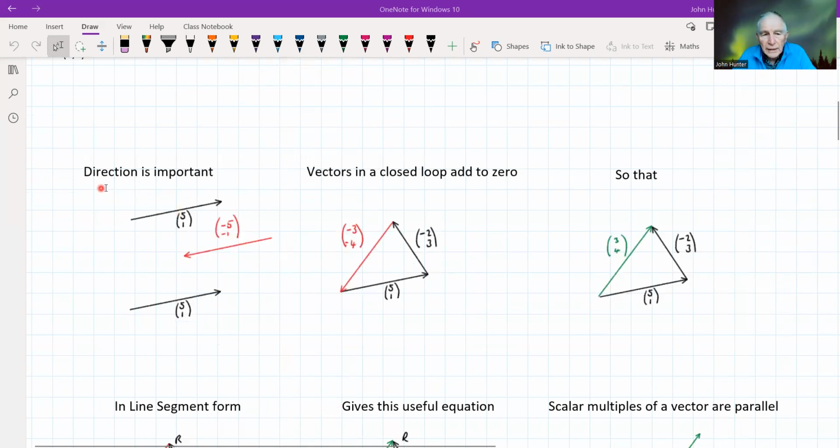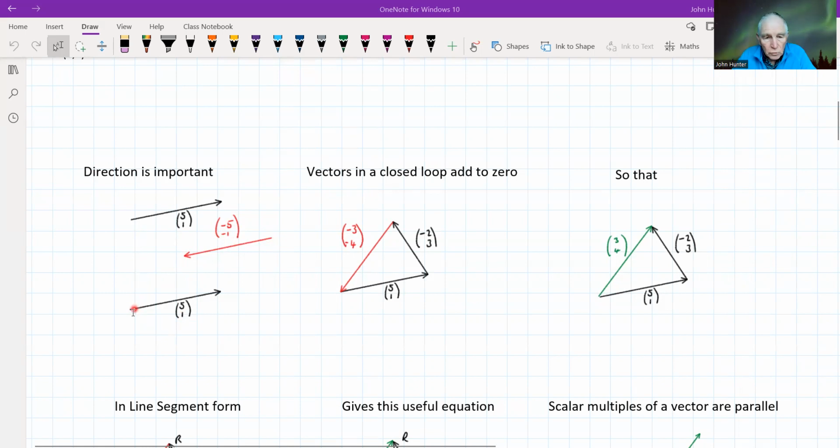So first of all, direction is important with a vector. If I've got my line in my geometric shape and I put an arrowhead on it there, and that's 5 along and 1 up, then that's what that would be. But of course, if I put my arrowhead at the other end, then it would be the negative of that, coming back in the opposite direction.